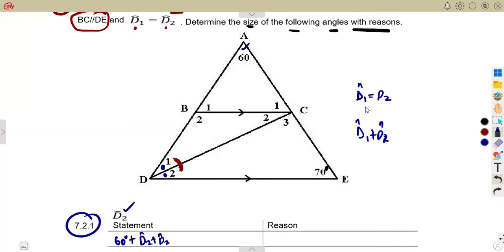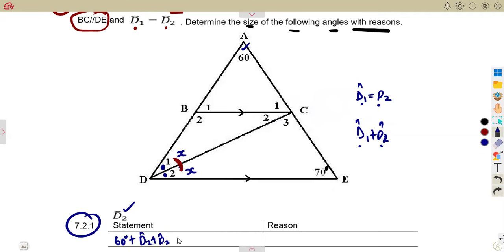It was supposed to be D1 plus D2, but remember, we said D1 and D2 are equal. So in place of D1, we can write D2. Since we want to calculate angle D2, you just have to write in terms of D2, rather than writing D1 and D2, because you'll have two unknown values. Or you can just write this as X and X, meaning it will be X plus X. It's up to you, the way that you understand.